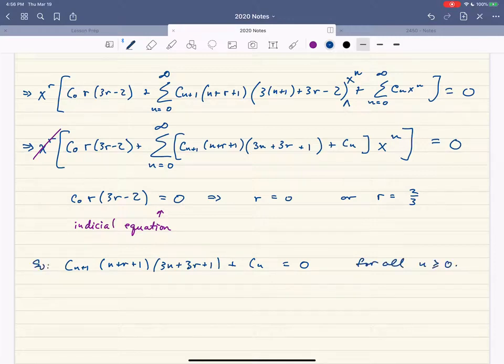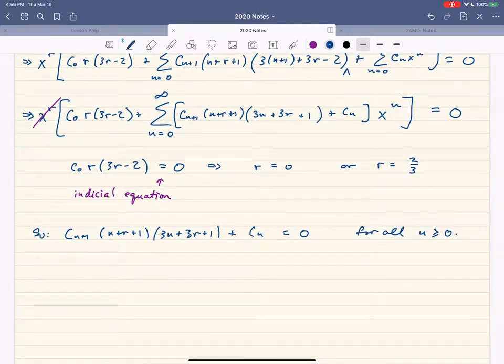That's our other relationship that we get from that equality. That's the recurrence.